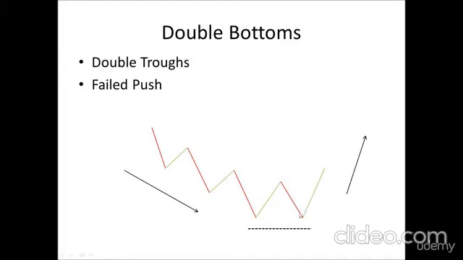And that is not the characteristic of a downtrend. Price pulls back, breaks the previous high, and price then could uptrend or it could range, but this downtrend is now over. So both double tops and double bottoms can be referred to as failed pushes. Price fails to push any further.